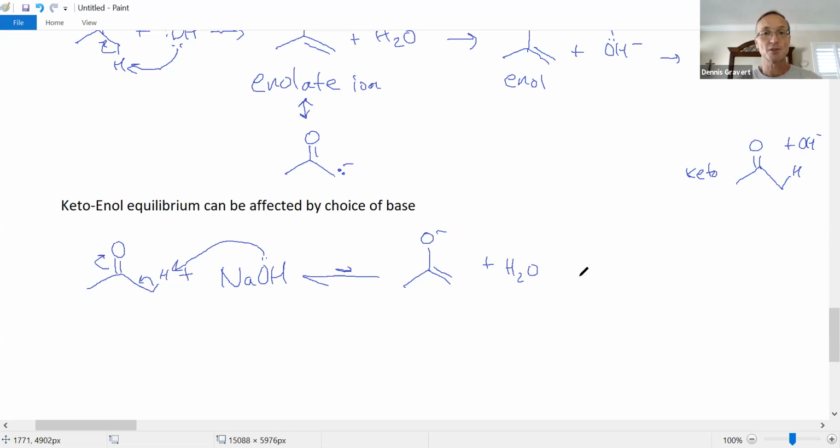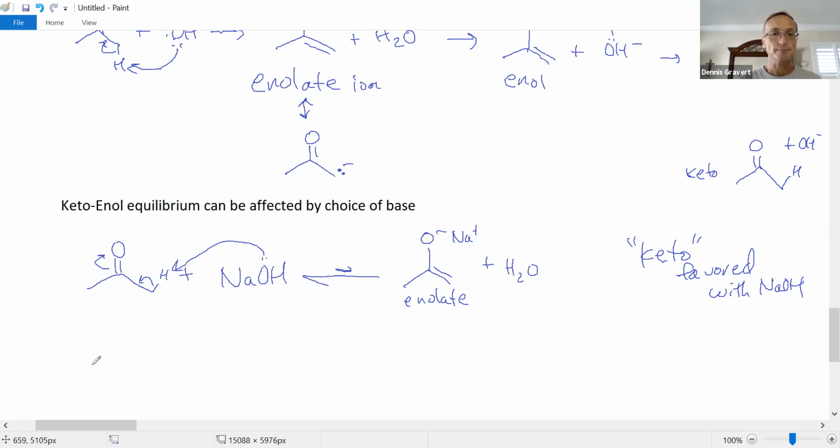Where's the sodium ion if you're balancing this equation? It hangs out with whoever's negative. There's our enolate. And what I want to say is the keto form is favored if we're using sodium hydroxide.